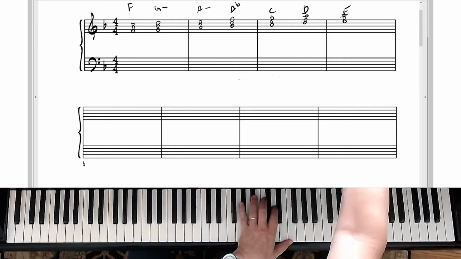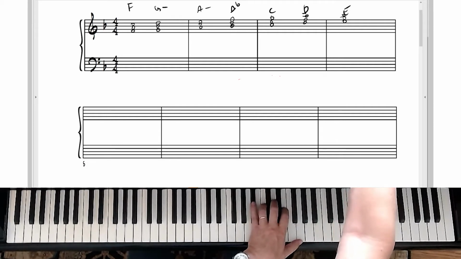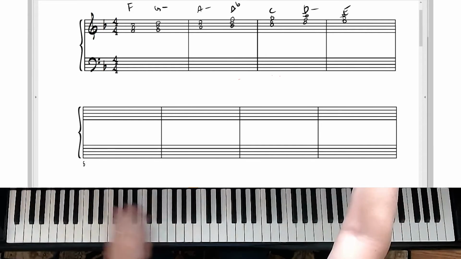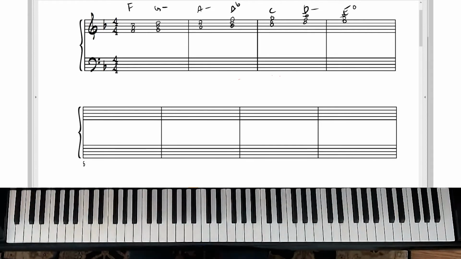This is a major chord because it has a major third and then a minor third. This is a major chord because it has a major third and then a minor third. And then the next one is minor because it has a minor third, then a major third. And the final one is a diminished chord because it contains two minor thirds.